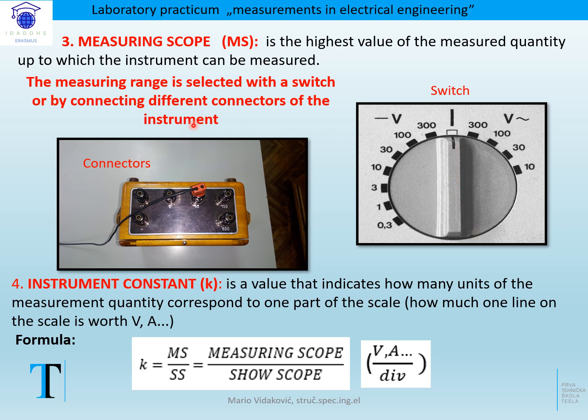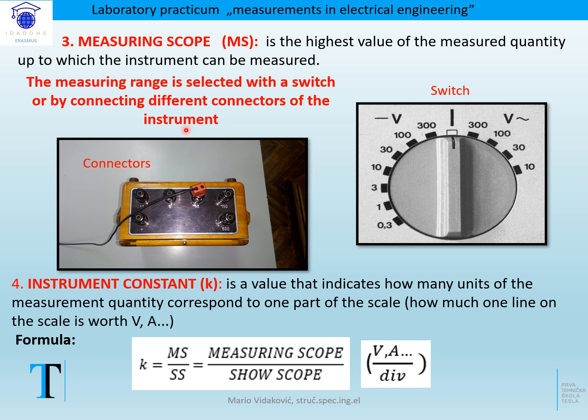The measuring range is selected with a switch on the newer instruments or by connecting different connectors of the instrument. On the older type of voltmeter, we use connectors and wire and select the measuring scope directly.